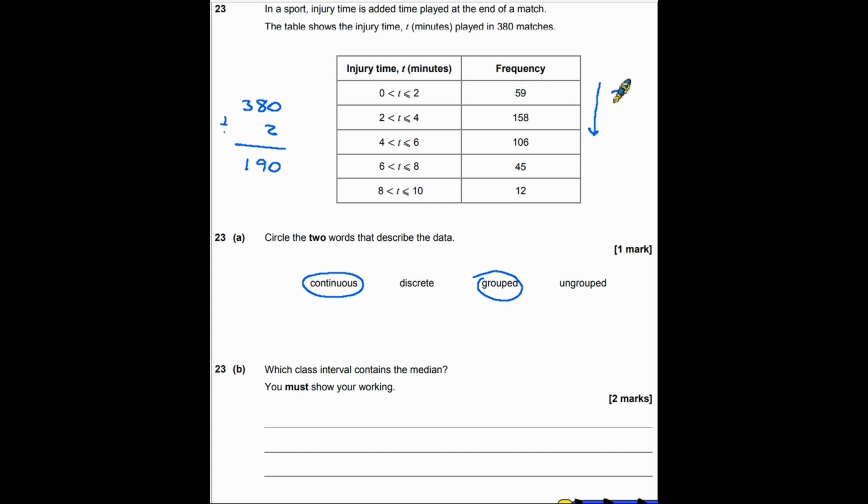The first interval has 59. We add to it 158, and we have reached 217. So already by the time we have got to the second interval here, we have passed 190. So the 190th must be in this interval here.